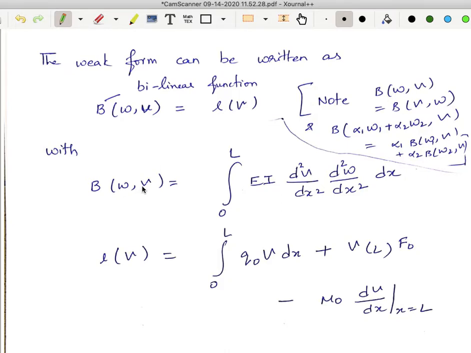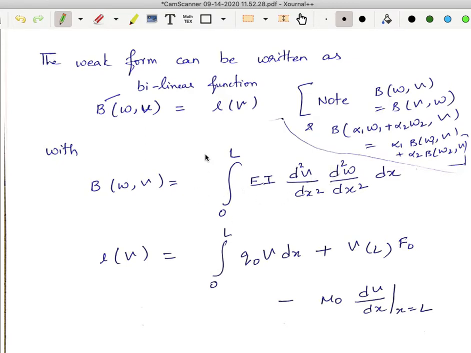The second thing is that it is linear in each of the functions. If I take b of alpha 1 w1 plus alpha 2 w2, comma v, meaning without changing v, I take a linear combination of the solutions, where alpha 1 and alpha 2 are real constants and w1 and w2 are functions, then alpha 1 will come out.